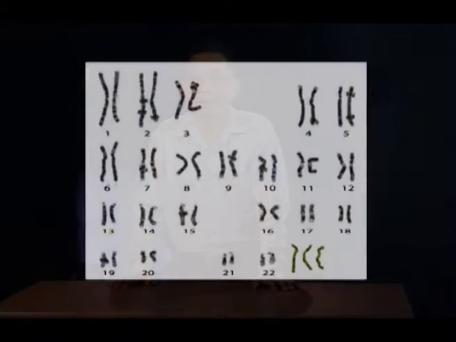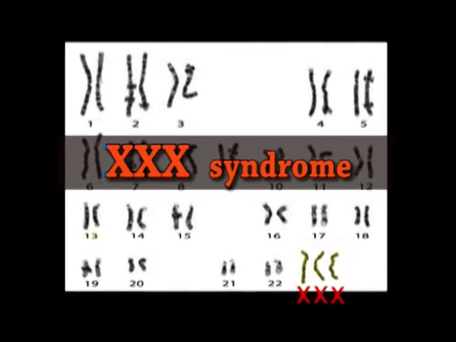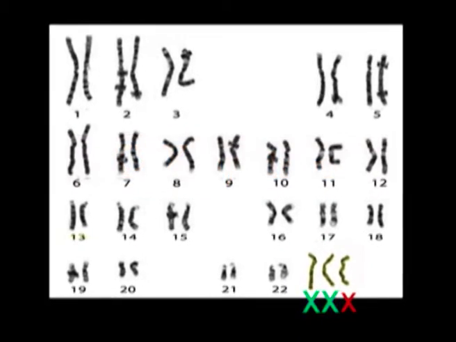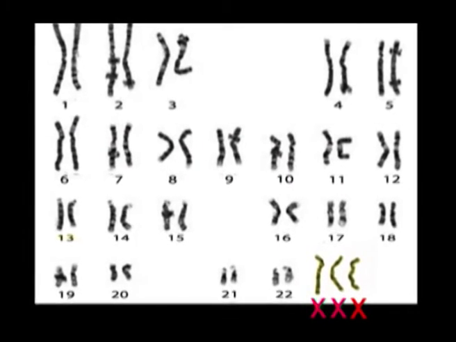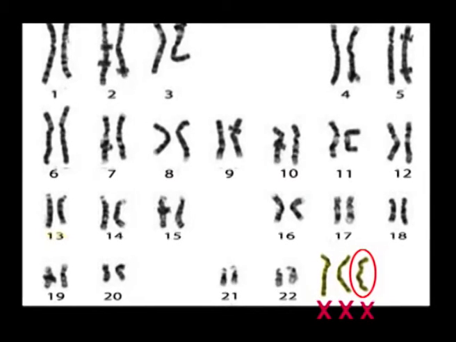Then we have similarly triple X syndrome, having XXX. Here XX simply denotes female, but there is another, extra X chromosome. Such girls tend to be tall and thin and have higher incidence of dyslexia. Then there is a very popular syndrome known as Turner syndrome.